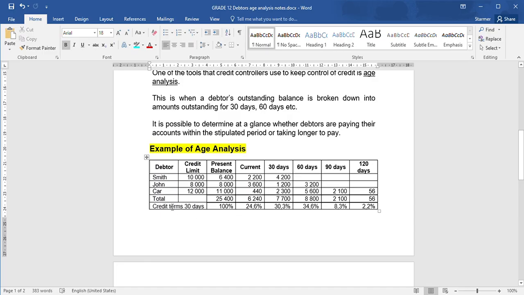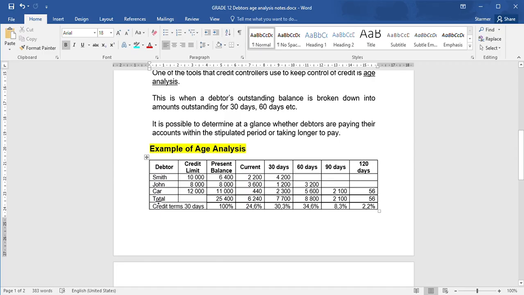If on the other hand you look at this debtor Carr, first things first, he's almost exceeded his credit limit. And that means he's very close to actually going over what he's allowed to spend. Not only that, you've continued selling on credit to him. That is despite the fact that these amounts here, the 5,600, the 2,100, and the 56 Rand here, are outstanding for more than the credit terms of 30 days.